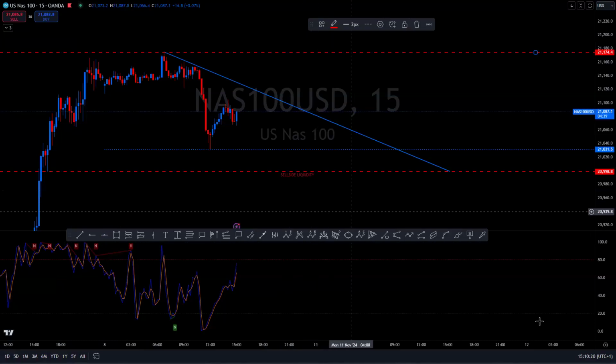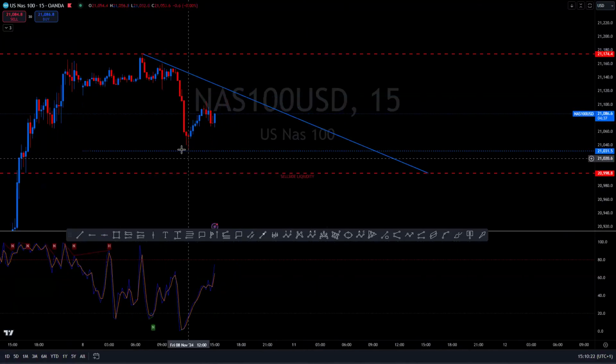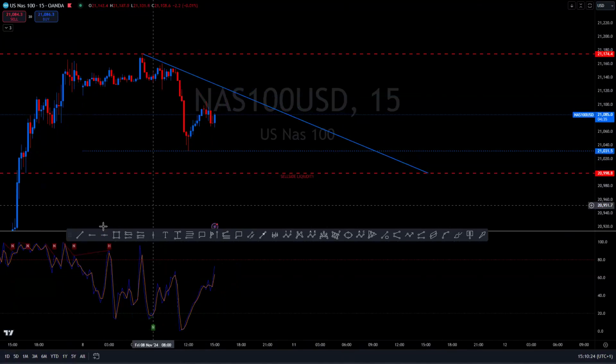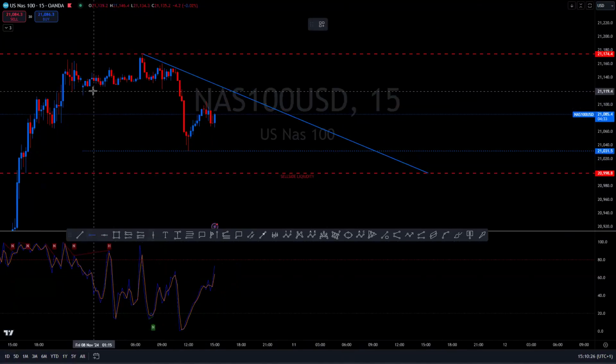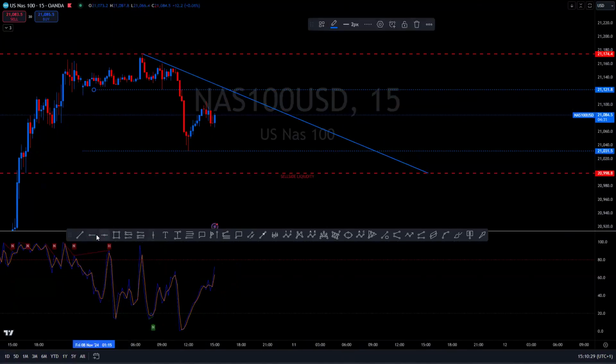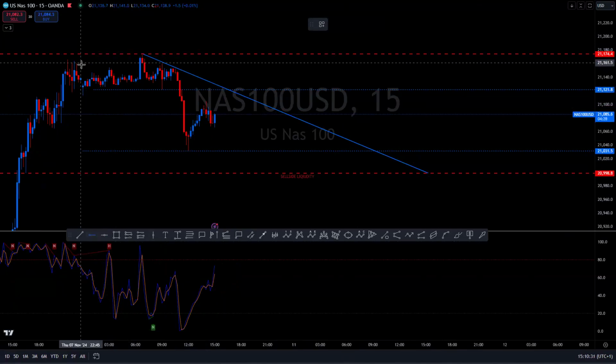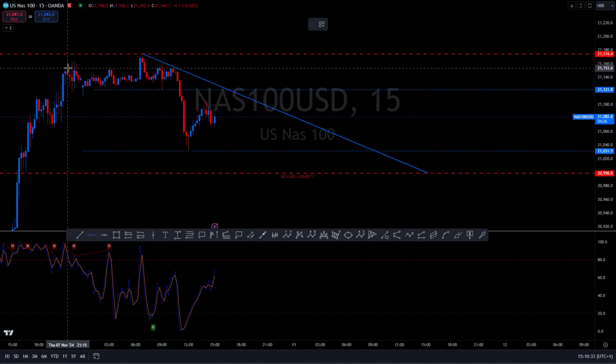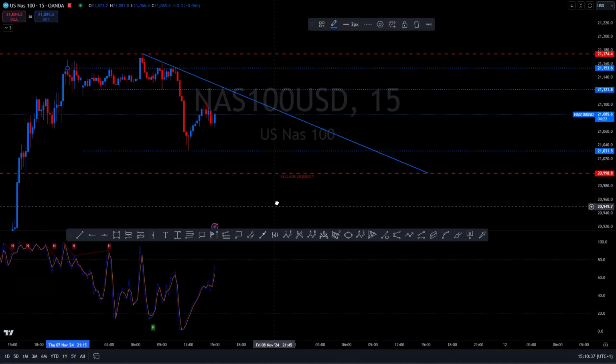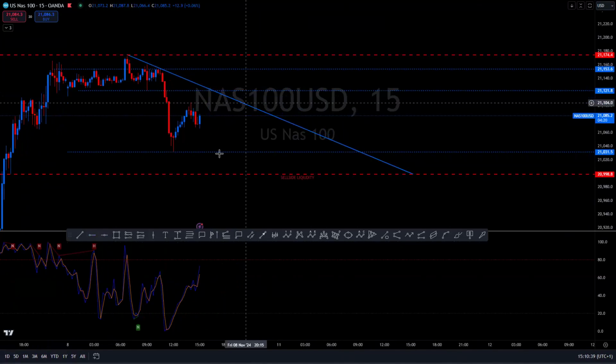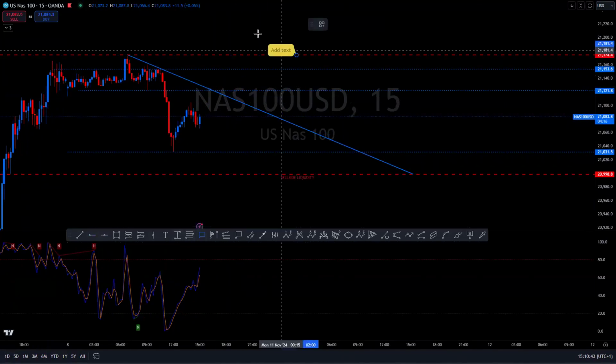So now we're going to mark up our trading ranges. This is our most recent swing low. We had a break of structure right here, and then we also had a swing up here. So we're going to say that we're in a bearish trading range.